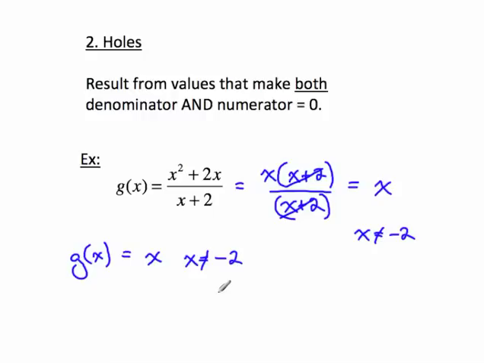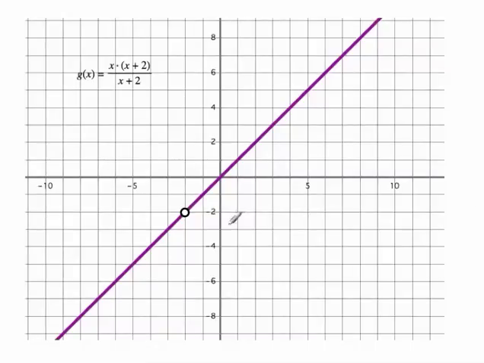Now, what actually happens when x is equal to negative 2? Well, it's going to be a hole in the graph. Let's take a look at the graph. So here you can see that this function, written here in its factored form, is just equal to the line y equals x. Remember, g of x and y are interchangeable, so we can write y equals x instead of g of x.